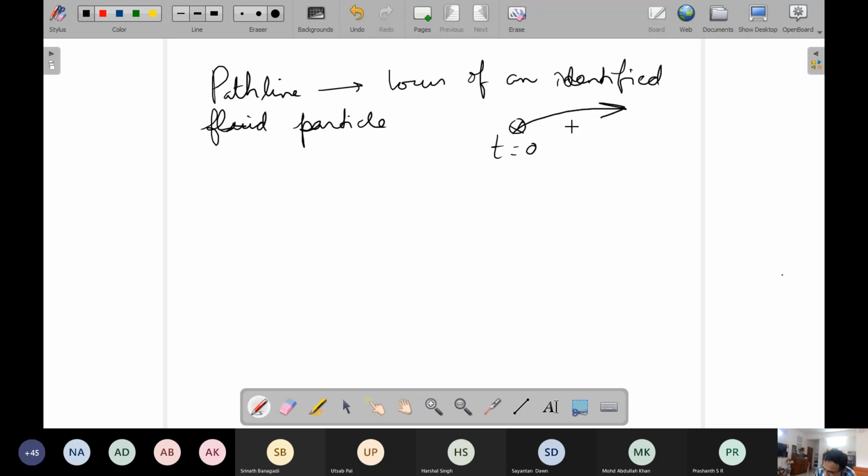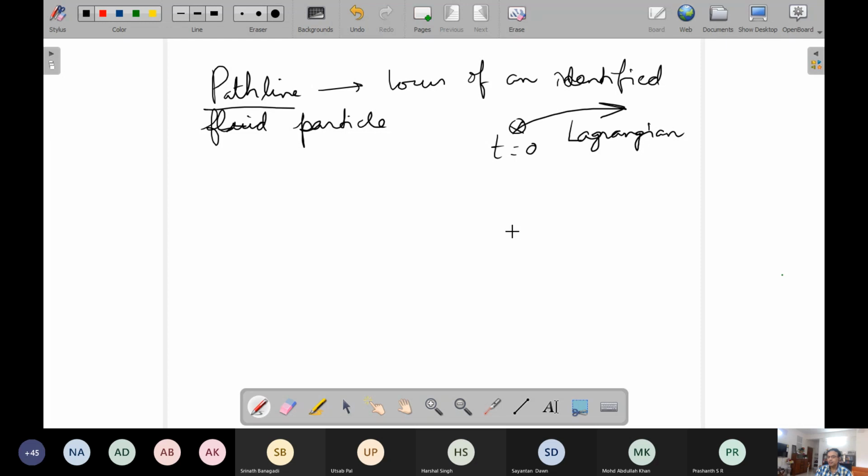It is straightforward, another way of giving a Lagrangian description to the flow. So path line is an experimental description of the Lagrangian viewpoint of flow. So the streamline, streak line, path line, we have studied them.